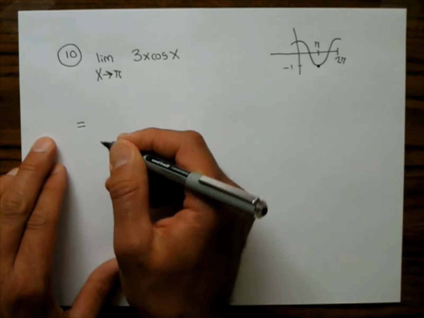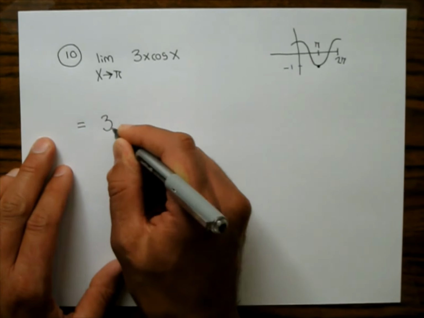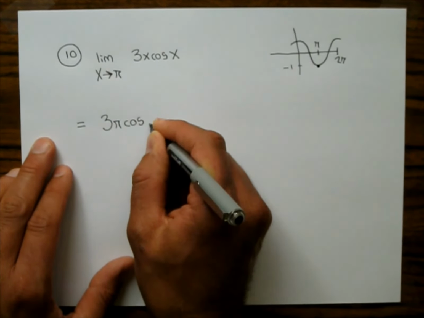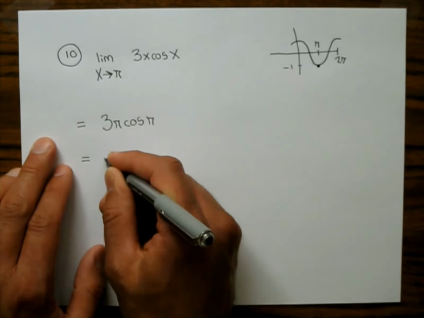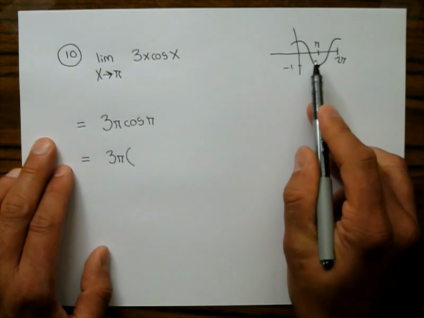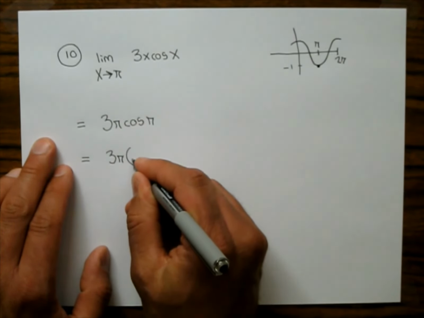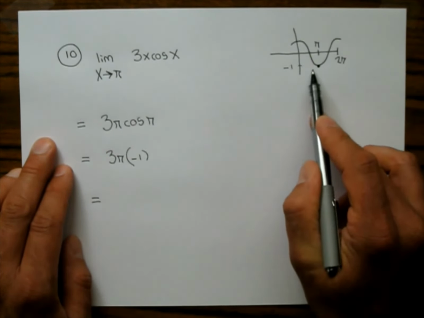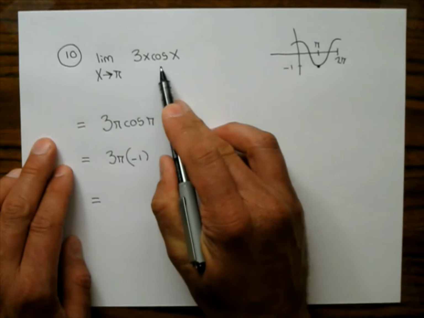So I'm going to go ahead and substitute the pi in for the x. I have 3 times pi times the cosine of pi. 3 pi, and the cosine of pi, like we said, is -1. And so this graph right here that I drew is not 3x times the cosine of x.